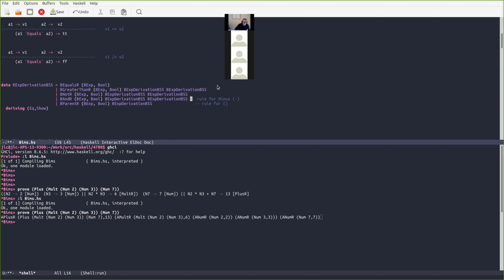Now, so now I have a type that sort of looks like almost the right thing, except that here, when I look at this rule, I've got an A expression derivation for the equals. And for the greater than also, right? This one also takes two.